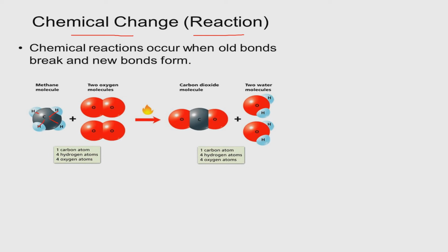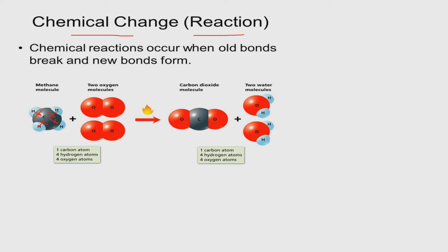So we have 1, 2, 3, and 4 bonds. We need to break the 4 C-H bonds in the compound. So breaking bonds will take energy from you. To break bonds, you must pay. So you will add energy for breaking bonds.